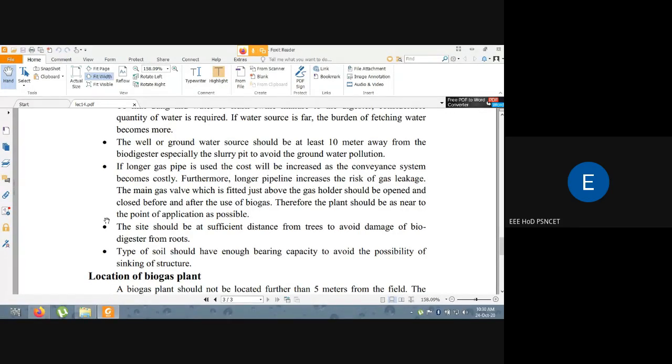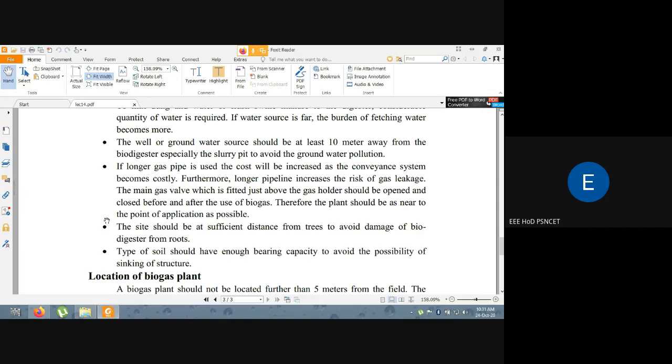The roots of huge trees can enter the digester because in that digester we have a lot of water. It has been placed underground.